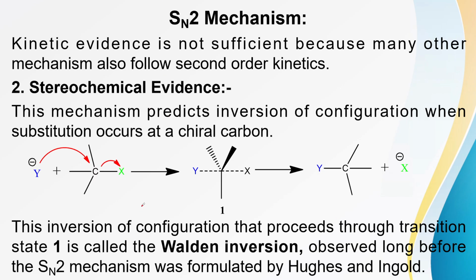This concept of inversion was given by Walden and is known as Walden inversion, and this concept was given long before the SN2 mechanism was formulated by Hughes and Ingold.